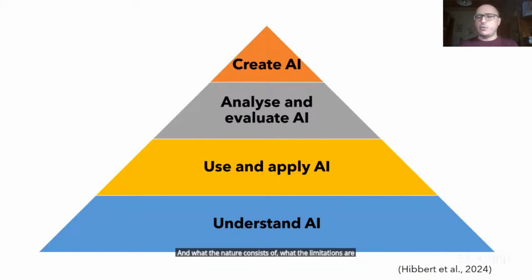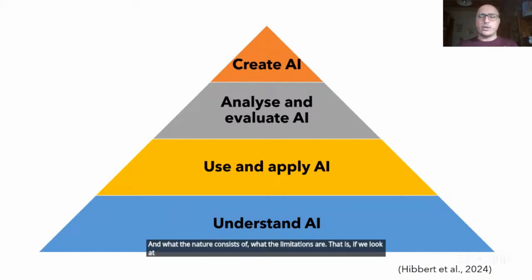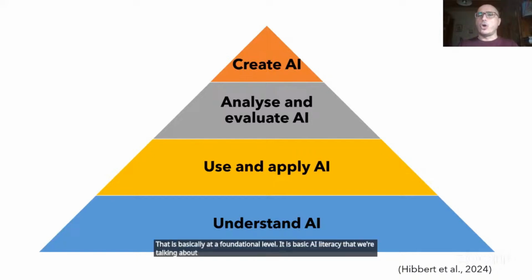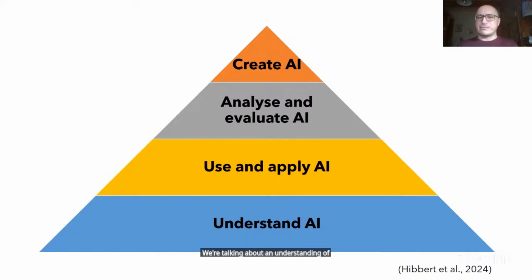That is, if we look at the AI literacy framework developed by Hibbert, that is basically at a foundational level. It is basic AI literacy that we're talking about here. We're talking about knowledge. We're talking about an understanding of what these systems consist of, what the limitations might be.